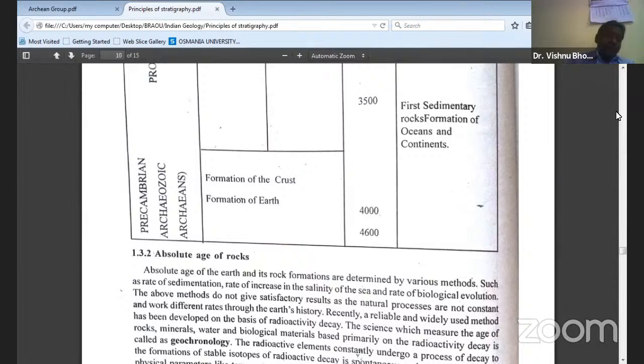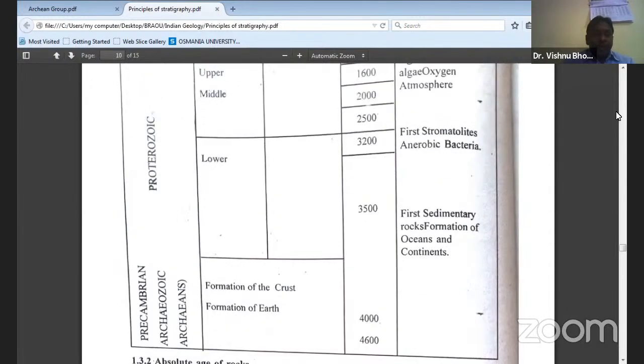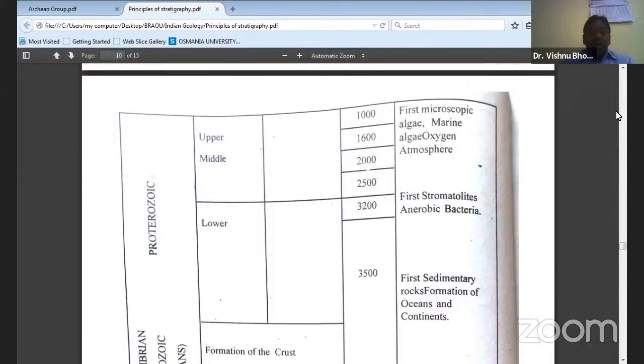Again it was divided into the Archaeozoic. In the Archaeozoic, actually there was no life, only oxygen. Oxygen was there, and later onwards, slowly the Proterozoic developed.